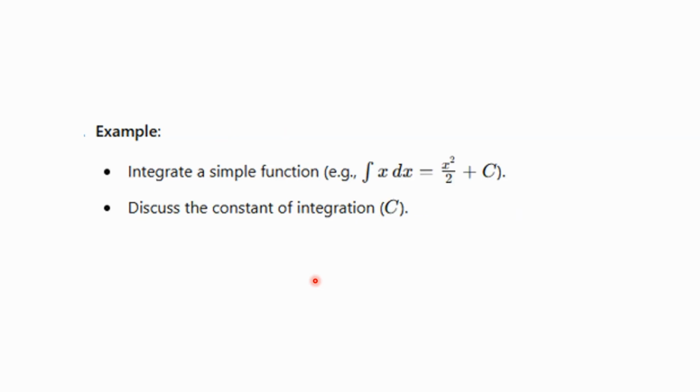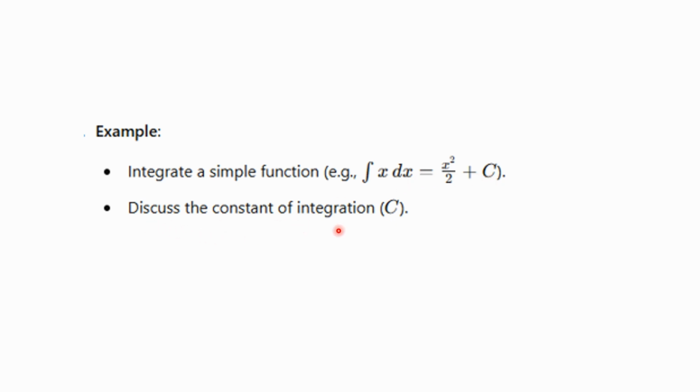Here's an example. Integrate a simple function, and the example here is the integral of x dx. The integral of that is x squared over 2 plus c. I know we're covering a whole lot in a short period of time, but just take my word for it that this would be the integration of this function.